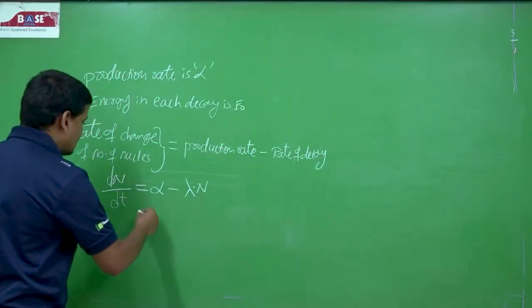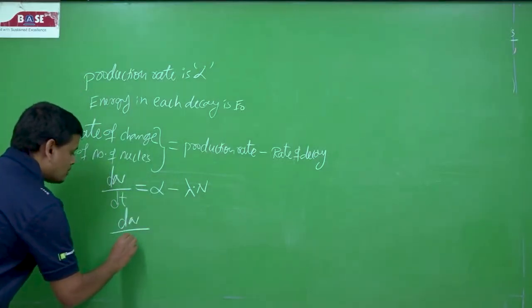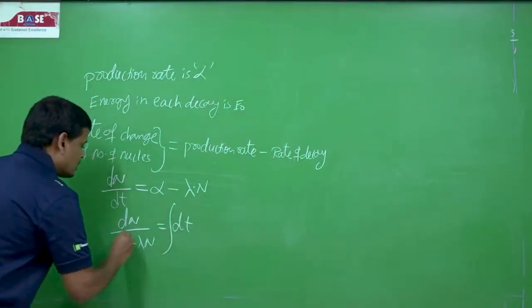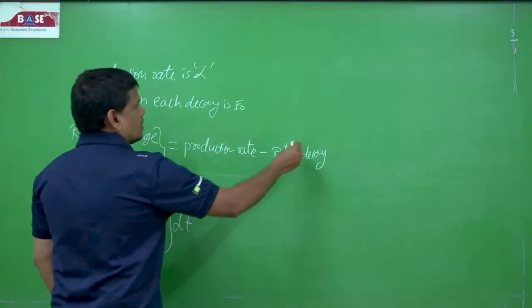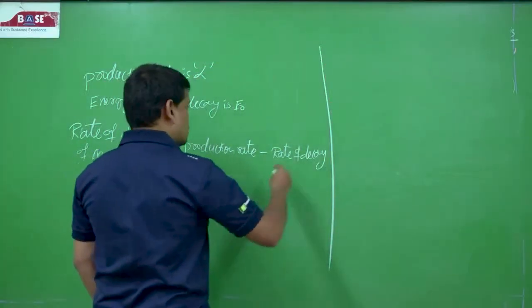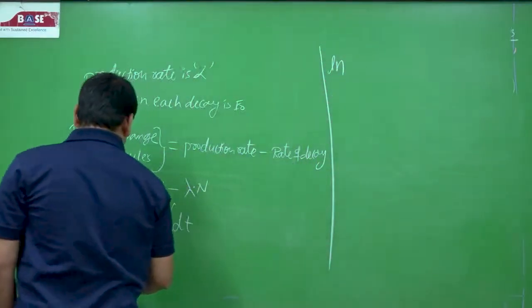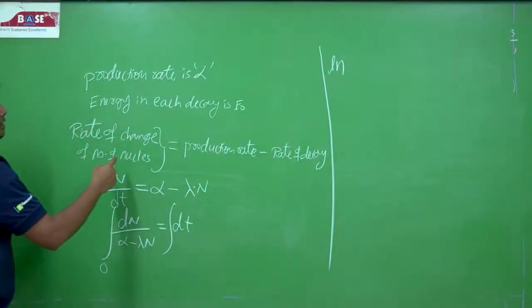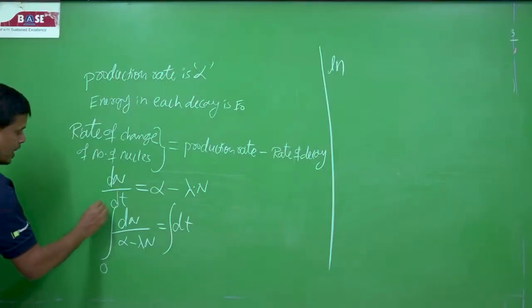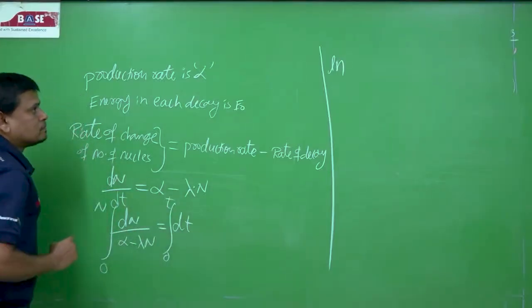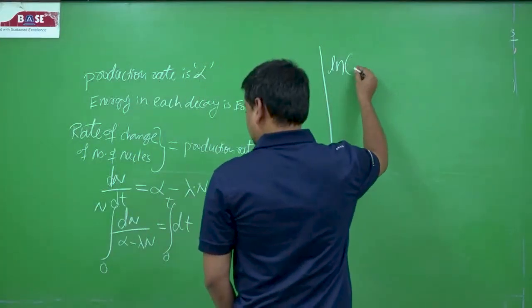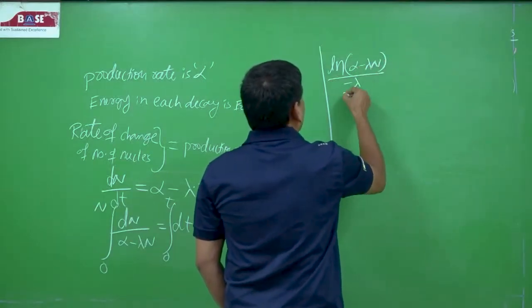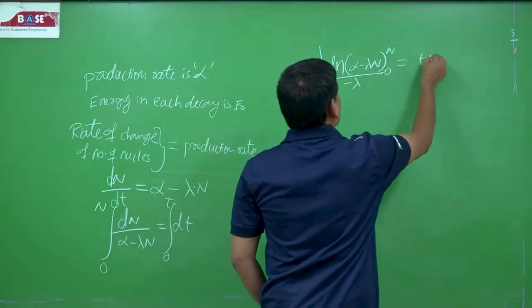Now let us do the math. dN upon (alpha minus lambda N) is equal to dt. Let me take the integral of it with limits: the number of nuclei goes from 0 to N, over time 0 to t. ln of (alpha minus lambda N) divided by minus lambda, from 0 to N, is equal to t.